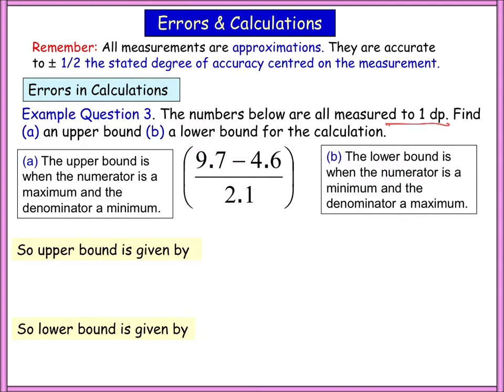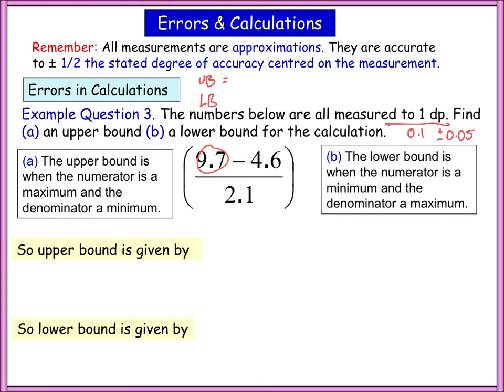So what I'm going to do first is take to one side just the 9.7, and the upper bound for 9.7 and the lower bound. Well, if it's been measured to the nearest 1 decimal place, that's 0.1. So we're going to add and subtract half of that, 0.05.